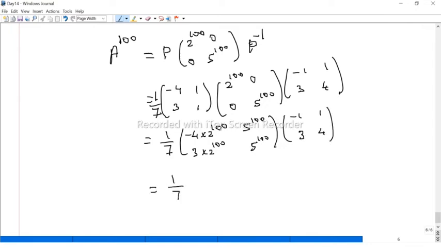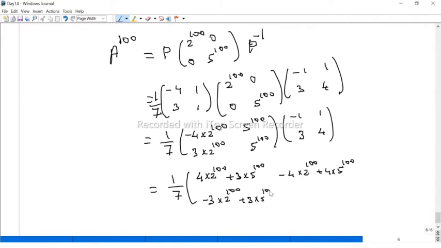So this is equal to 1 by 7 times: now multiply this, minus minus plus 4 times 2 to the power 100 plus 3 times 5 to the power 100, and this term minus 4 times 2 to the power 100 plus 4 times 5 to the power 100, and this one is minus 3 times 2 to the power 100 plus 3 times 5 to the power 100, and the last one is 3 times 2 to the power 100 plus 4 times 5 to the power 100.